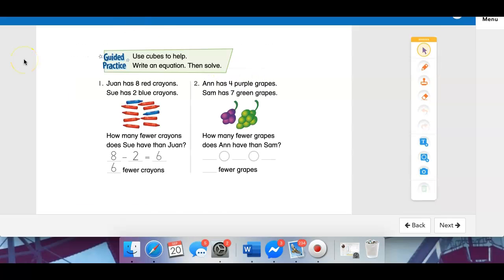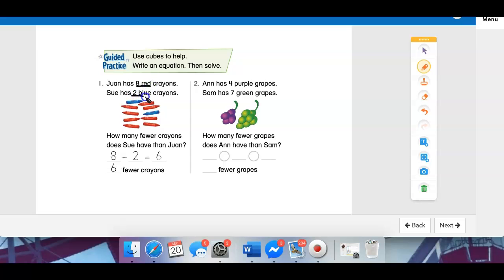On our guided practice on the same page, page 26, number 1 says Juan has 8 red crayons. Sue has 2 blue crayons. How many fewer crayons does Sue have than Juan? So let's look at our problem again. Juan has 8 red crayons.